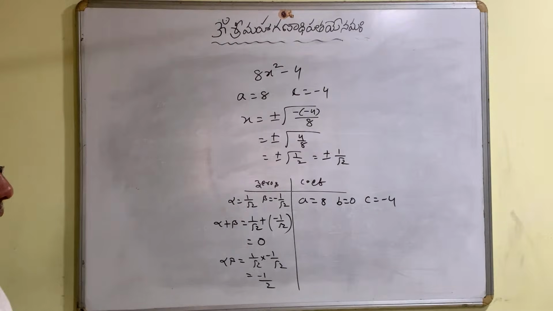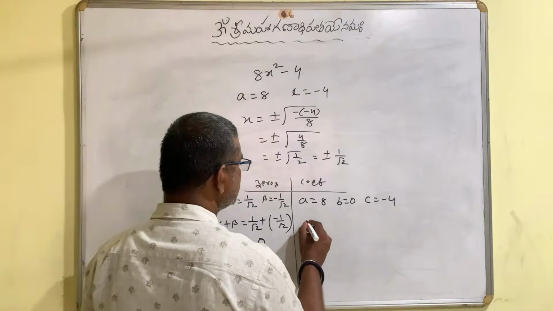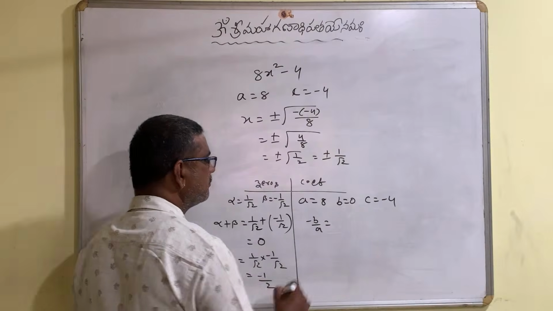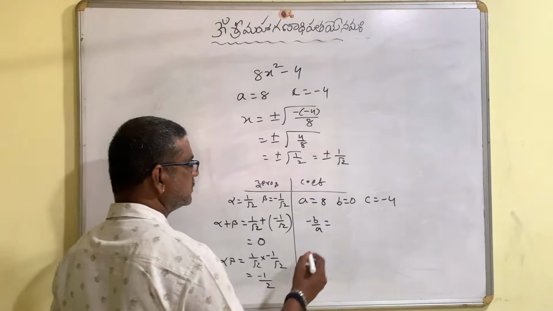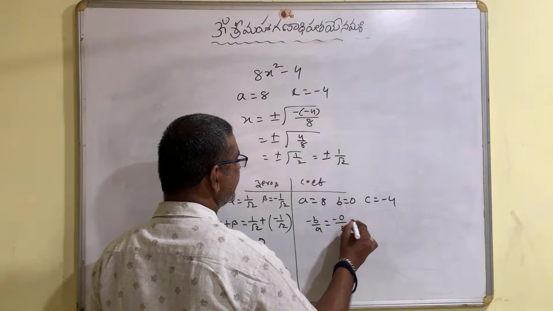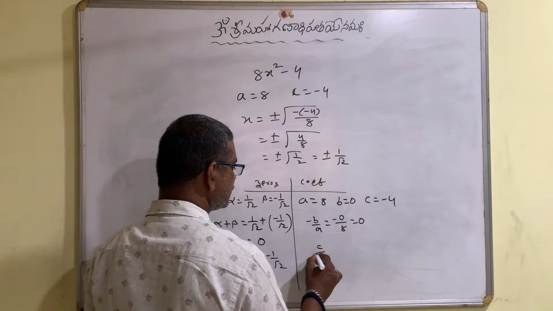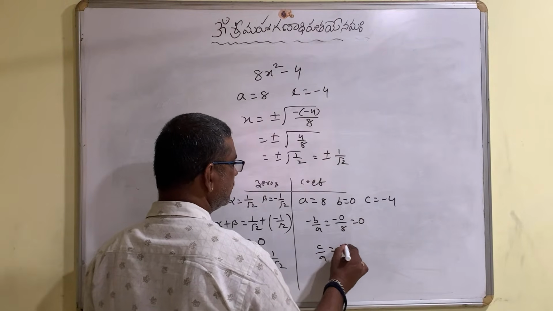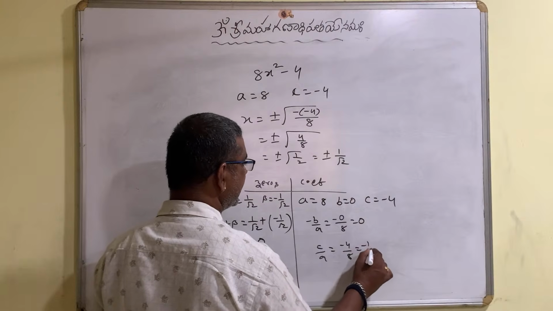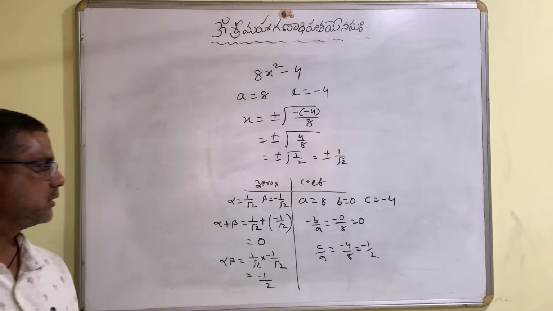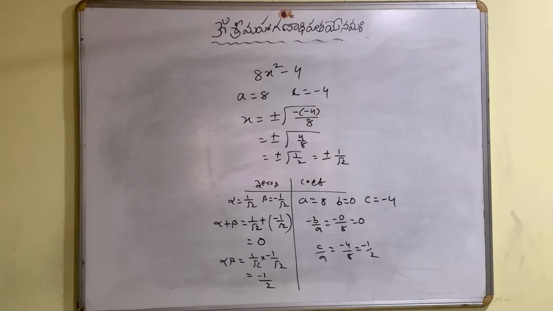Okay. Now minus b by a is minus 0 by 8, 0. C by a is minus 4 by 8, negative 1 by 2.